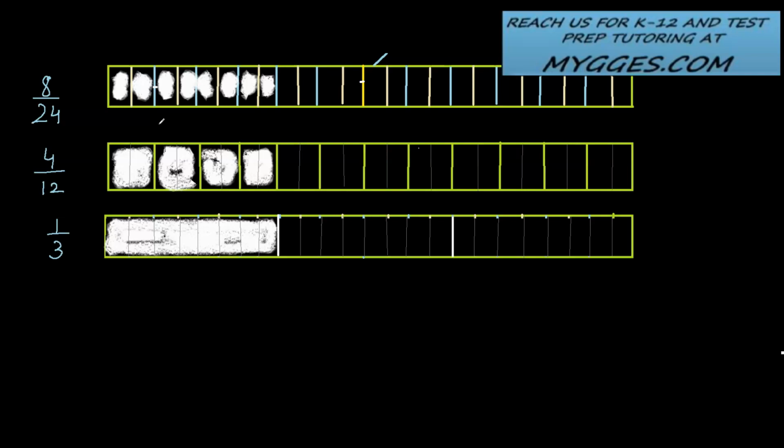In the second figure we have a total of 12 parts, which are the same as the 24 parts of the above figure, and 4 parts are shaded, which are the same as 8 parts of the above figure. Likewise, we have a total of 3 parts in the third figure, which are again the same as 24 parts and 12 parts in the above 2 figures. And 1 part is shaded, which is again the same as 8 and 4 parts in the above figures.